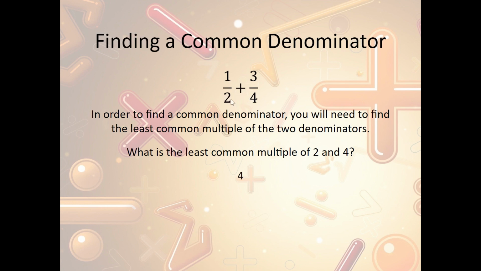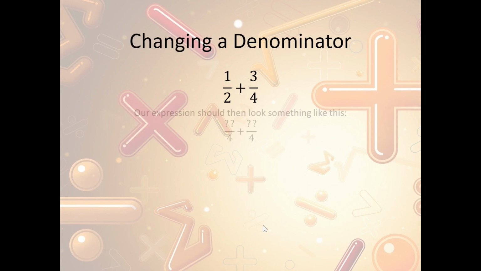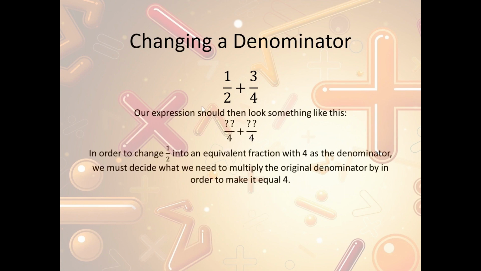If not, then I'll have to multiply both sides by the other denominator. So our expression then should look something like this. Something over 4 plus something over 4. So we know it should look like that. So now we need to figure out what we need to multiply 1 half by to get a denominator of 4.